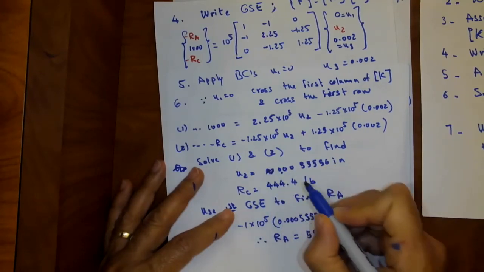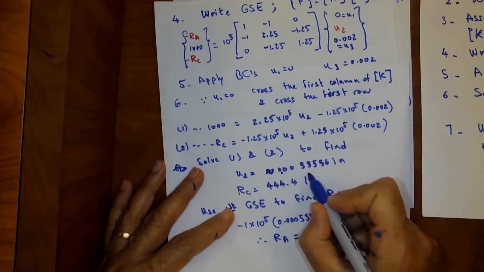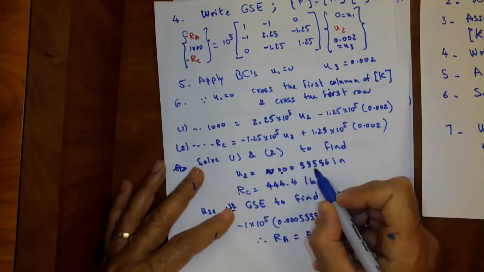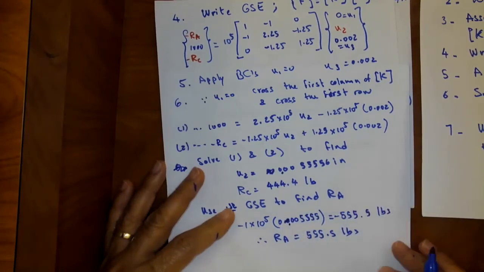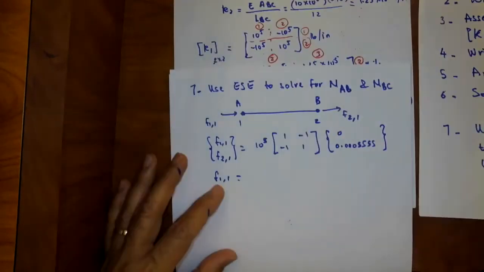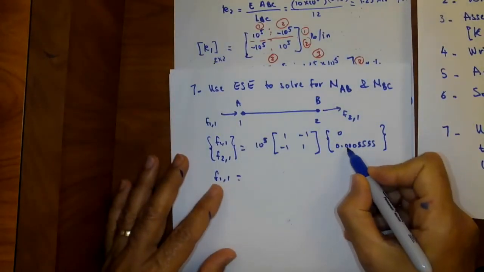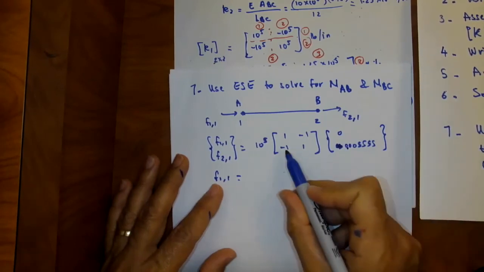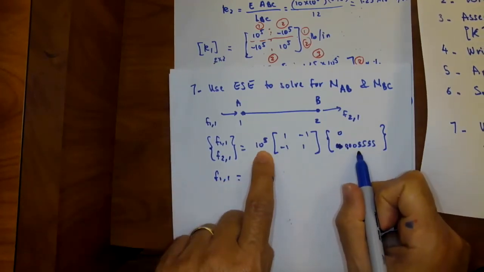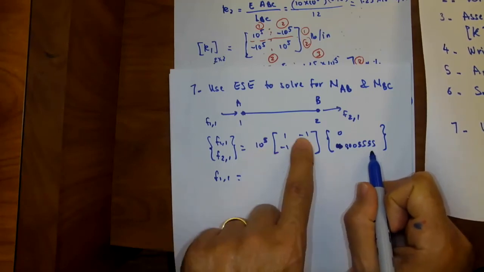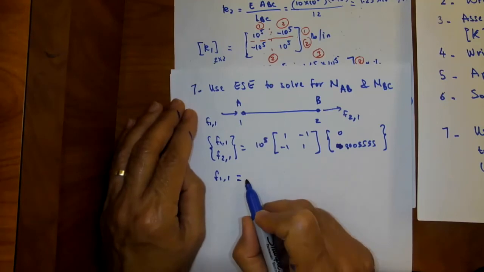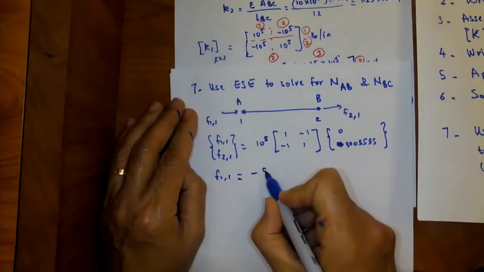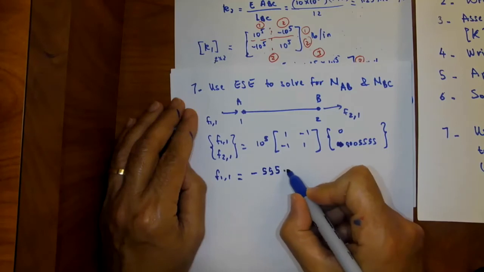So please correct U2. U2 is 0.00555. Okay, and also here. So now when I correct it like this, I have 10 to the power 5 times 0.00555 with a negative sign. So I end up getting a minus 555.55.